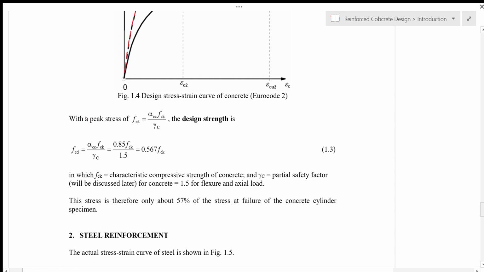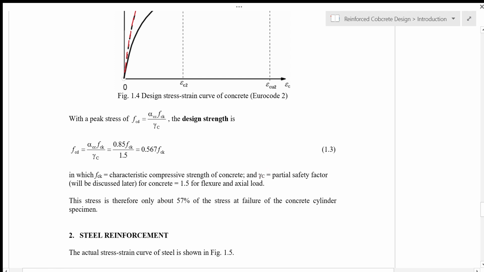So with a peak stress of fcd equals alpha cc times fck over gamma c, the design strength will be given by this equation here. So alpha cc normally is taken as 0.85 fck, right? And then gamma c is the partial safety factor for concrete in compression.